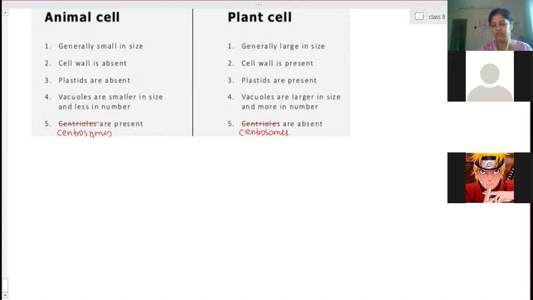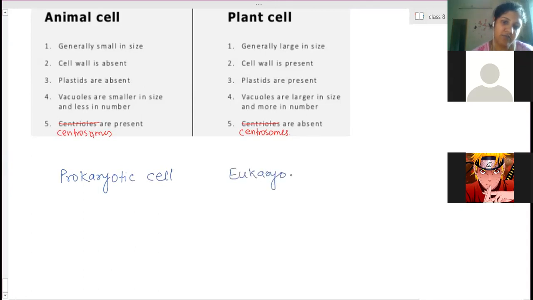So how can we distinguish it? The prokaryotic cell and the eukaryotic cell are the two types of cells depending on the complexity of the cell. The prokaryotic cell is a very basic cell.